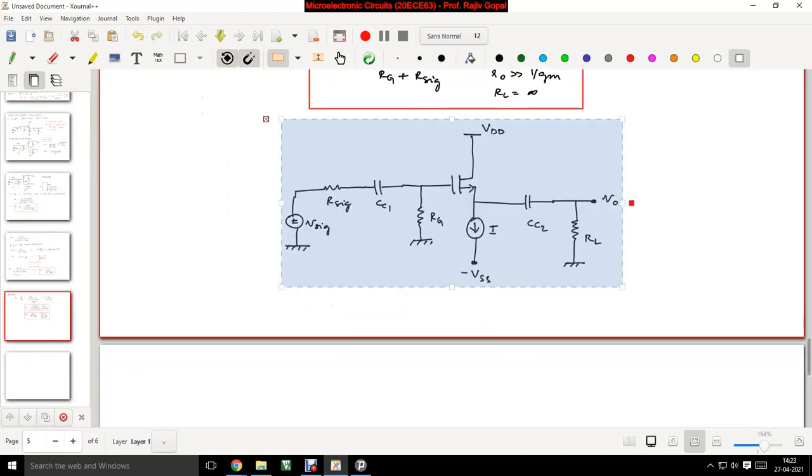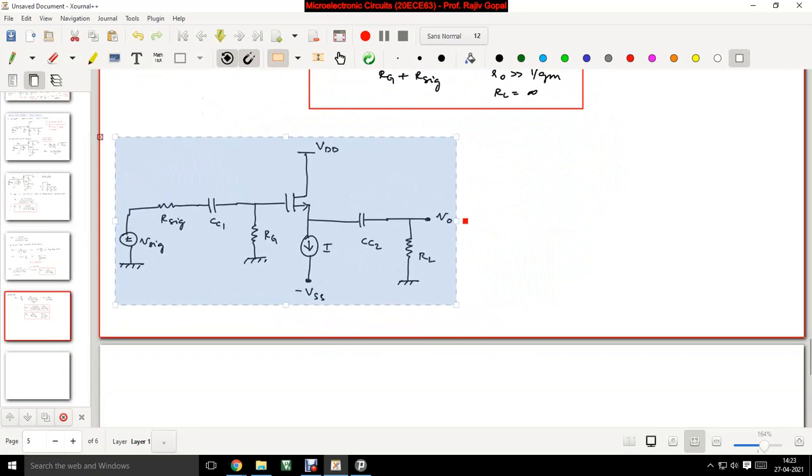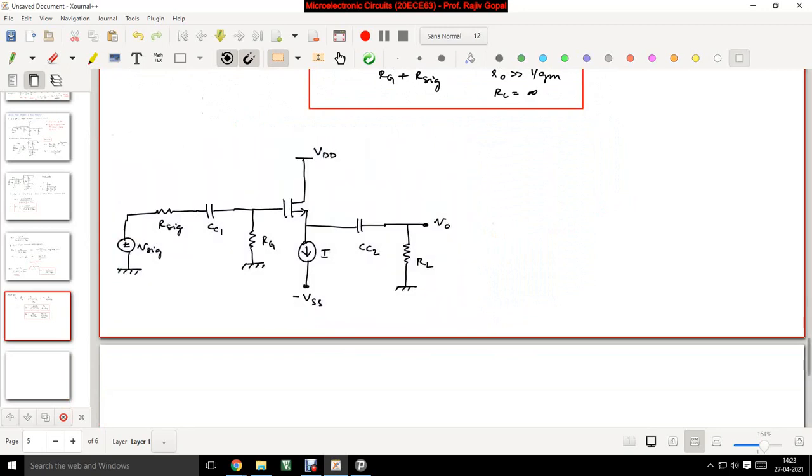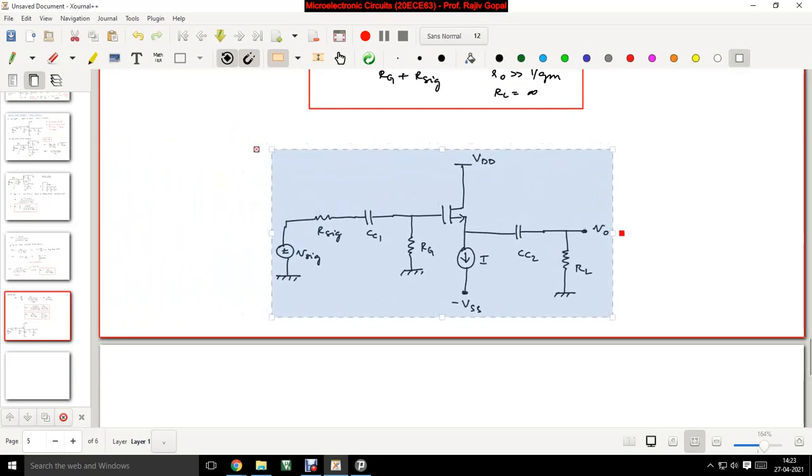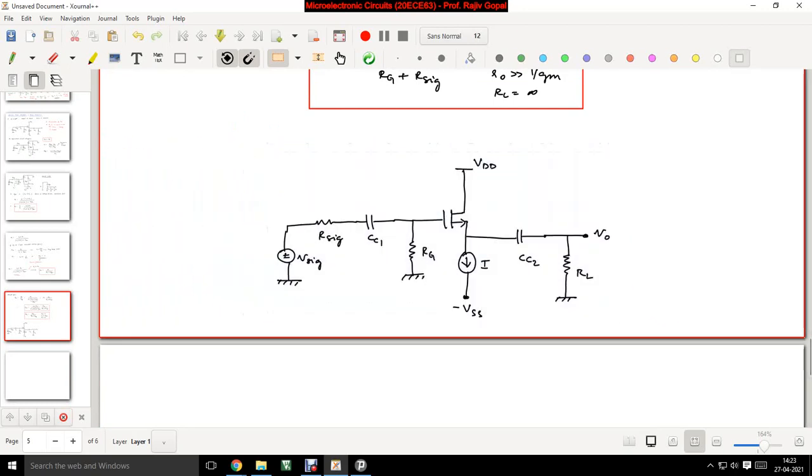I paste it here. Now in this, if I remove all my input sources, here I will write calculation of R out.